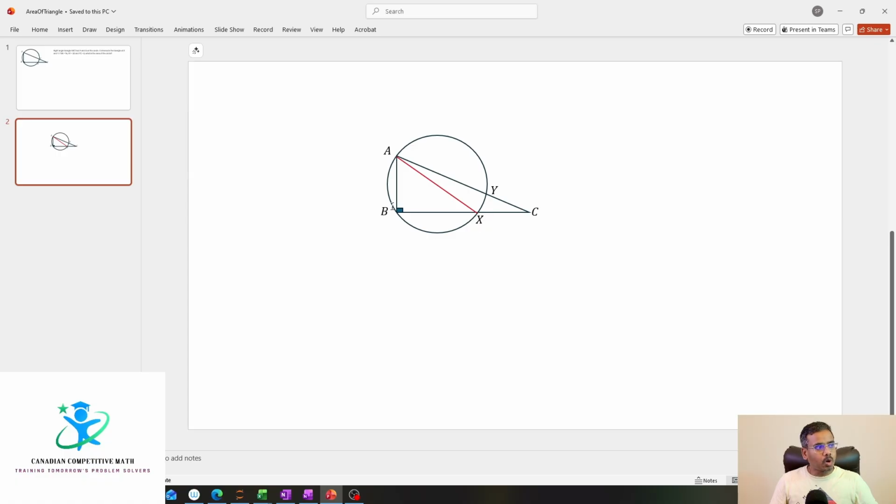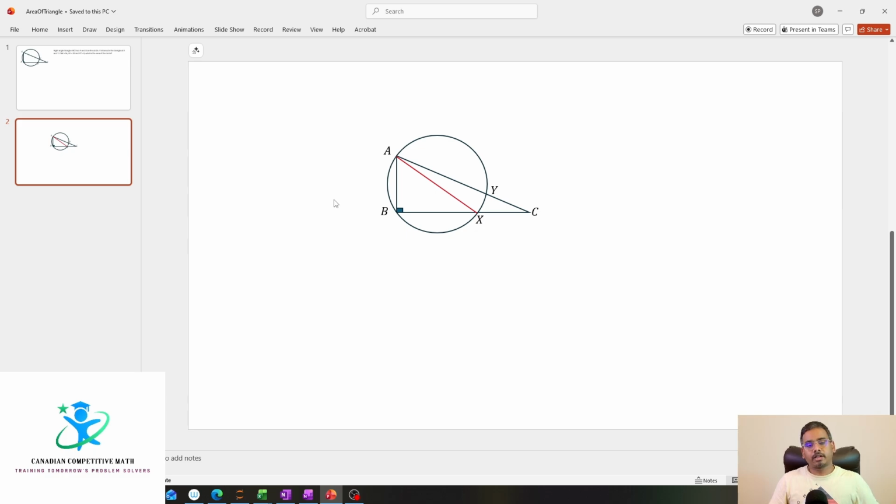If two chords are forming a 90 degrees angle, if we join the outer points of those two chords, say I have chord AB and chord BX here, since they are forming a right angle, if I join A and X, that is the diameter of the circle.